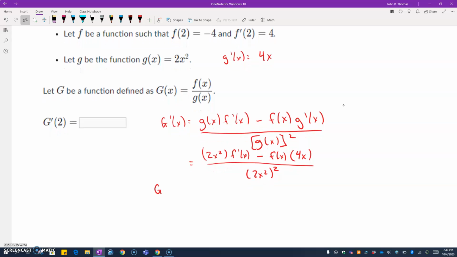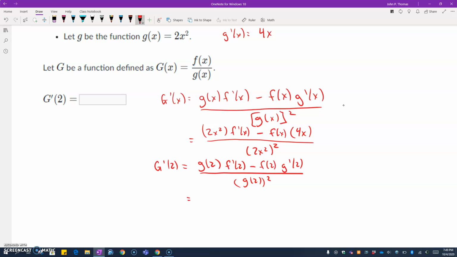They were curious about at 2, so g prime of 2 equals g of 2 times f prime of 2 minus f of 2 times g prime of 2, all over g of 2 squared.